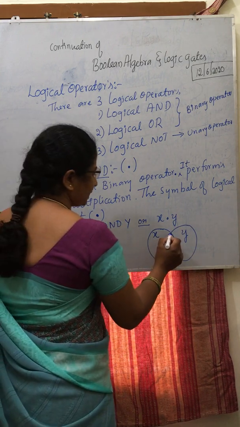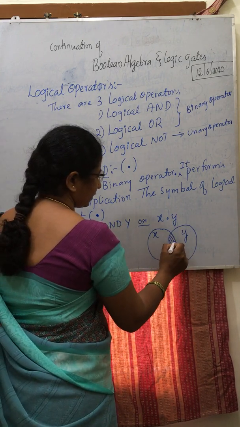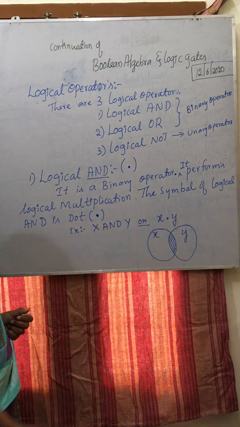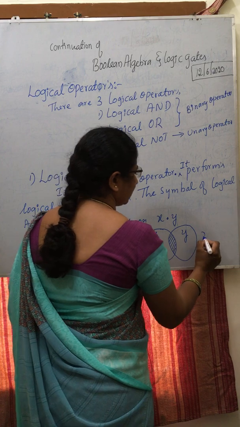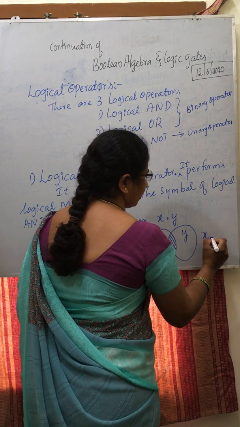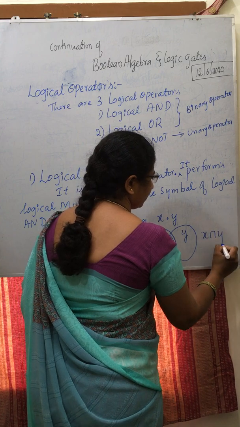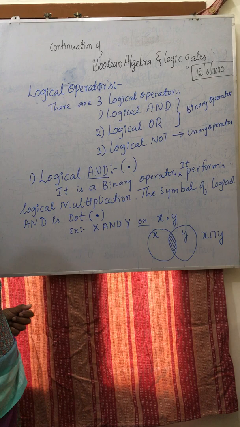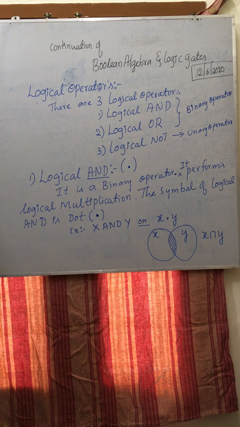The value present in X, the same value should be present in Y. Then only the logical multiplication, that is logical AND, gives you a true result.